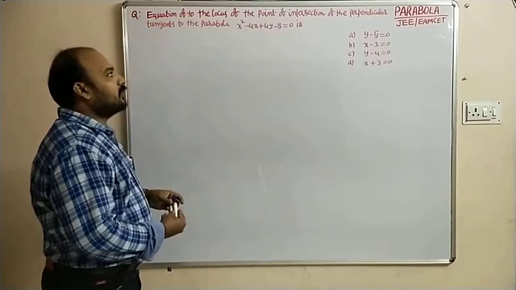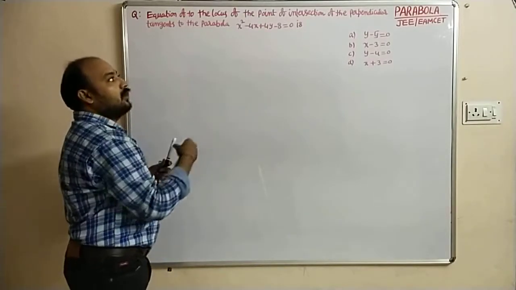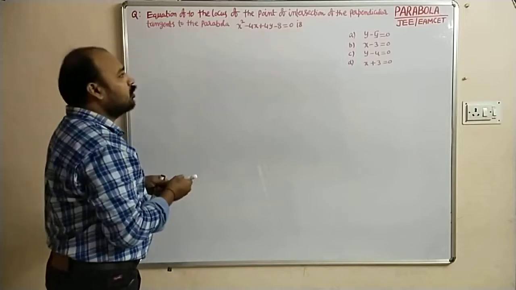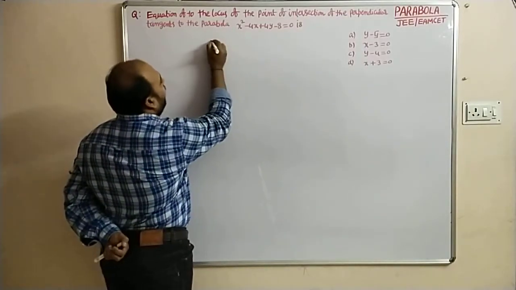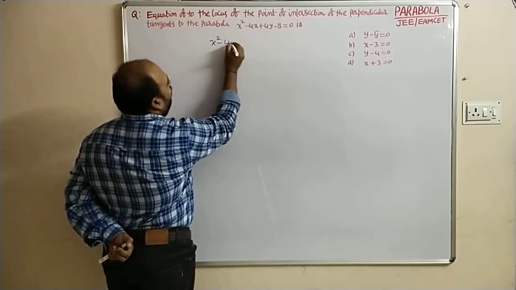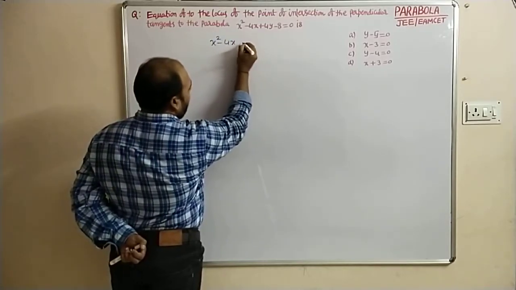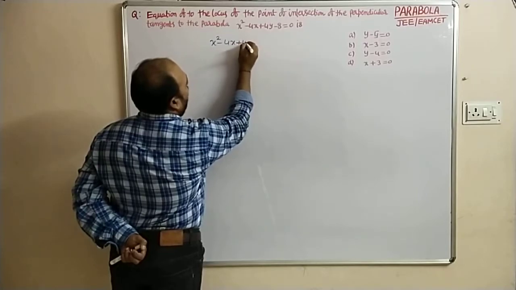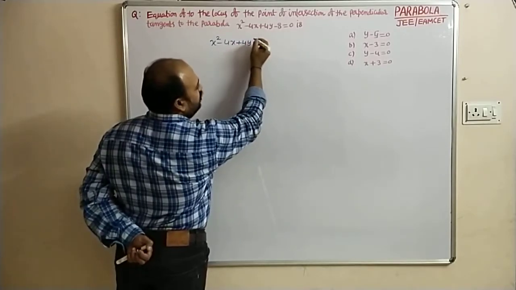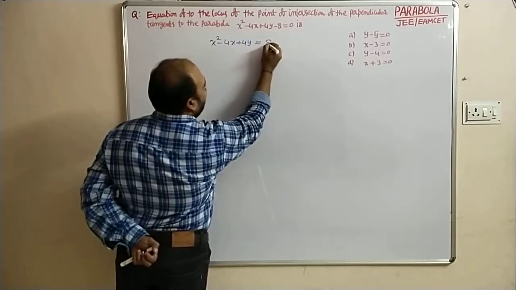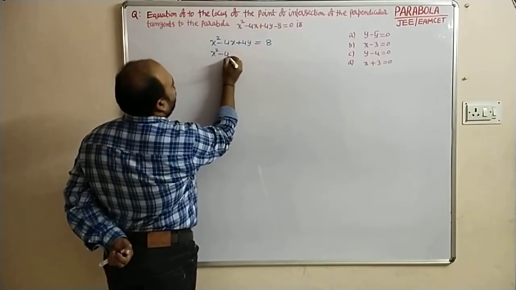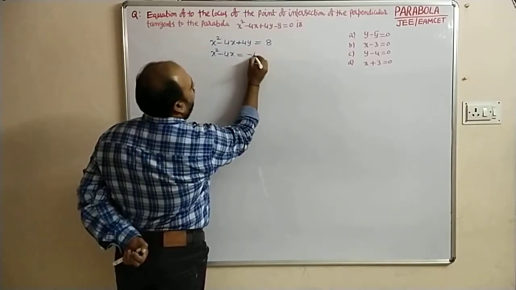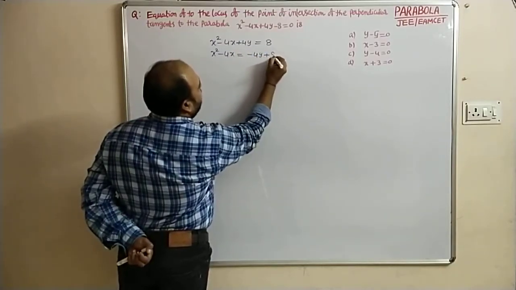So now I am calculating the equation of the directrix for the given equation of parabola. x square minus 4x plus 4y minus 8 equal to 0. Taking minus 8 and 4y to the other side, x square minus 4x equal to minus 4y plus 8.